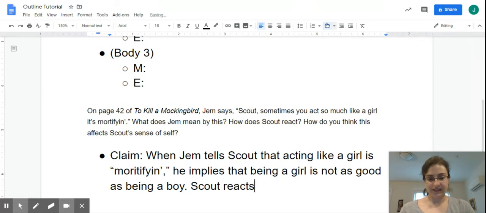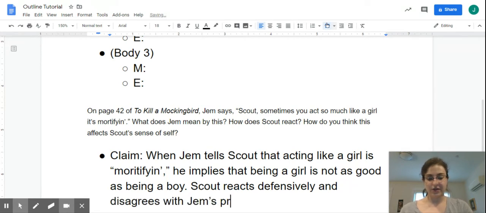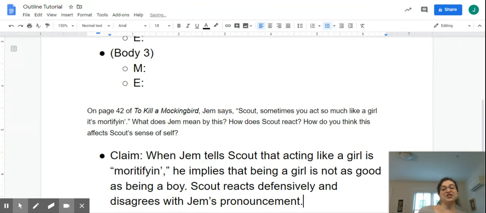Scout reacts defensively and disagrees with Jem's pronouncement.